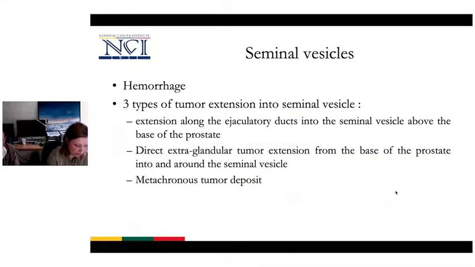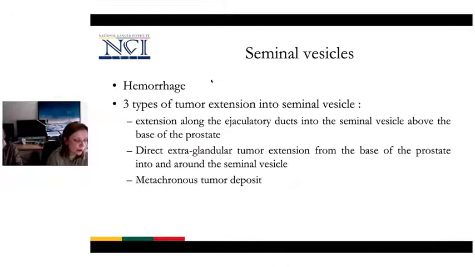Seminal vesicles. Talking about seminal vesicles, what we mostly find in them is hemorrhage, and we have some patients referred just for this reason, that they have hemorrhage in ejaculation.